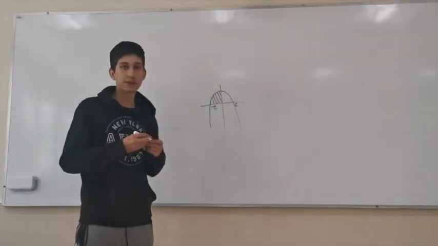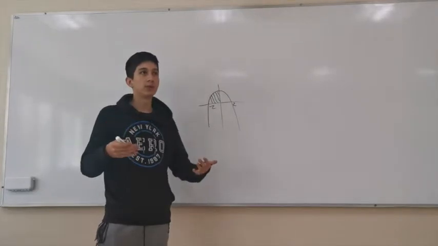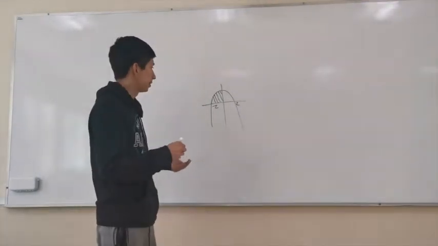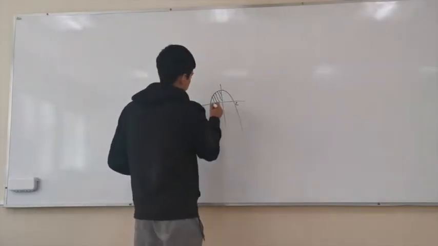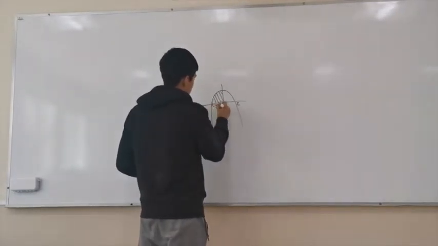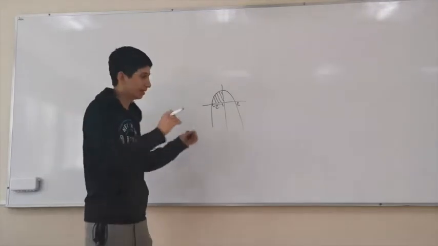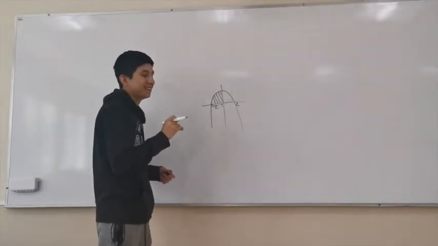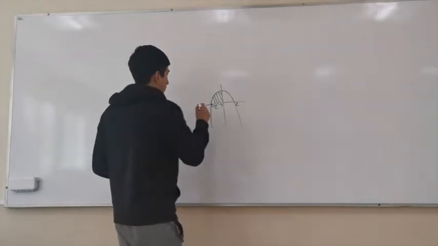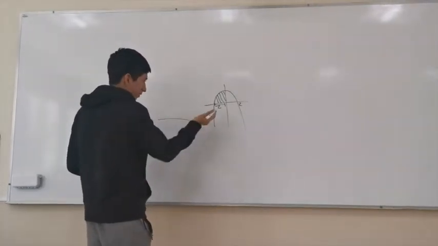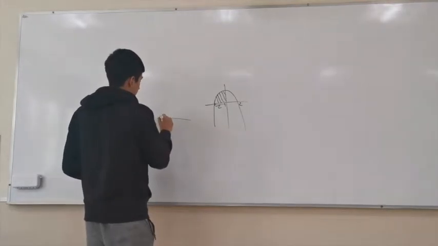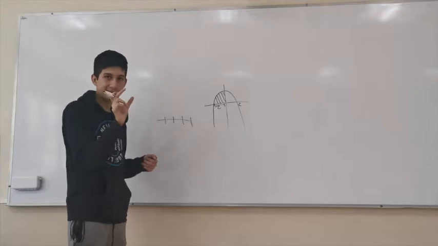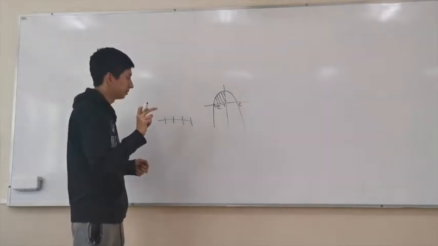Well, hi, I'm going to explain how to use the Riemann sums method. First, you have to have a range of x of a curve, and then you have to divide it. For example, if it's 2, you can divide it in 0.5 little lines.